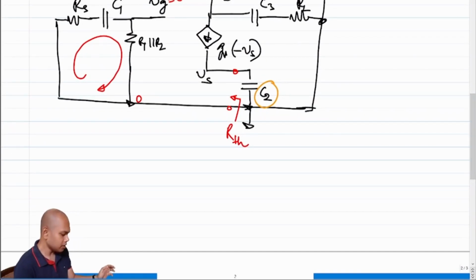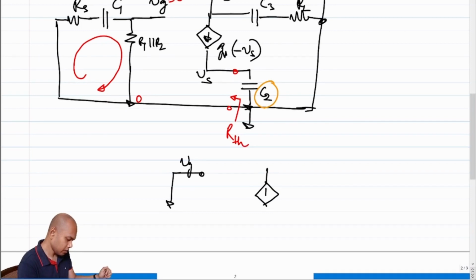So in this case, I can remove the loop at the input end because that is 0, that is of no use. So let's remove that. What am I left with? The circuit becomes significantly simpler. So the input side Vg becomes grounded.